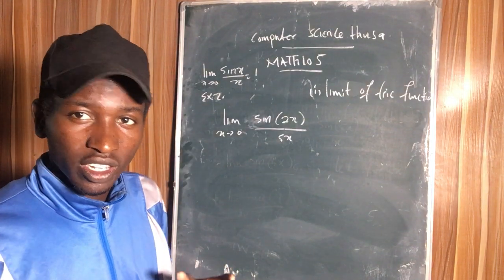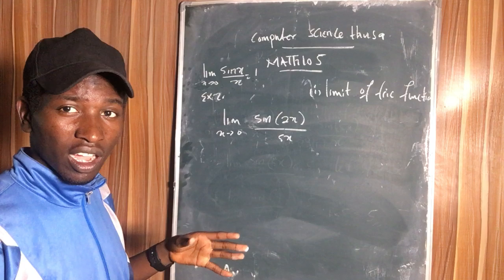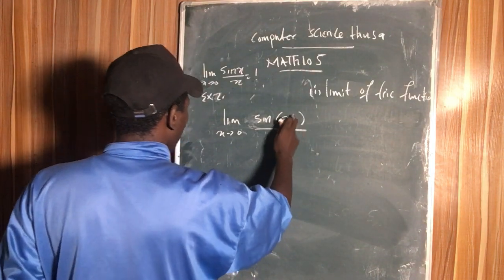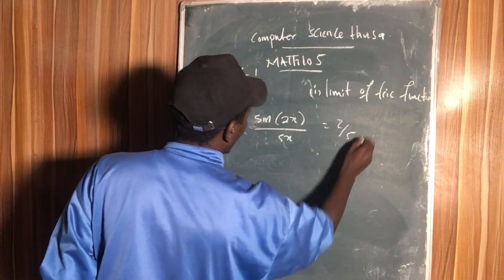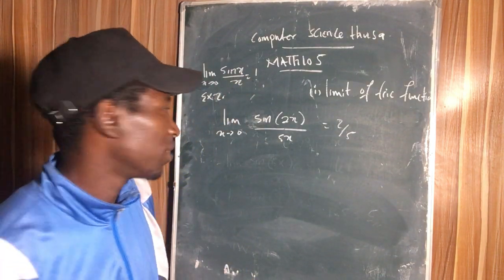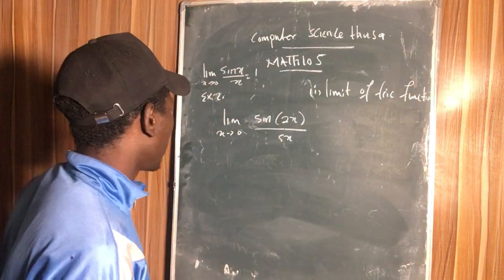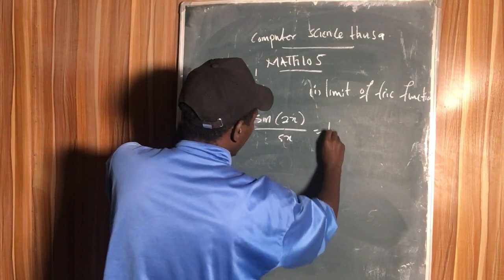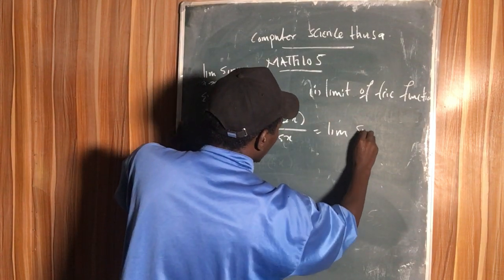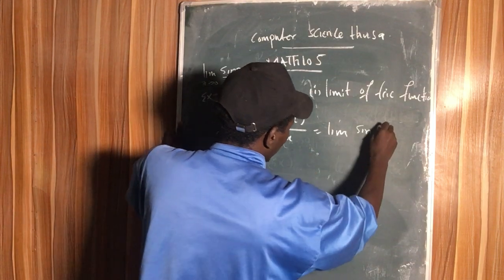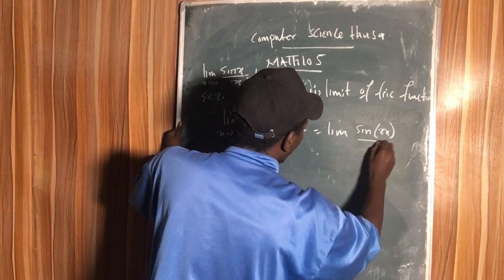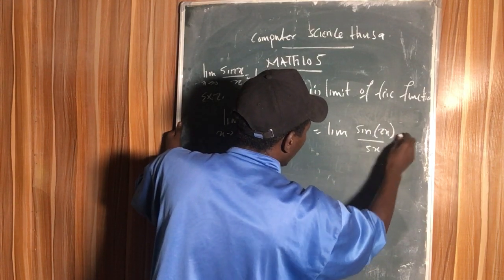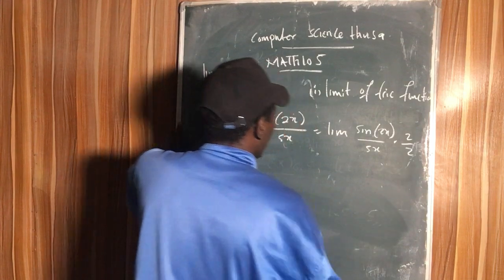As I told you, the trick is that if it is an objective question and the answers are there, just eliminate this, then your answer is going to be 2 over 5. But if they want a solution and want to see your working steps, because there are marks for steps, then we have the limit of sine 2x all over 5x times this coefficient, so we say 2 by 2.